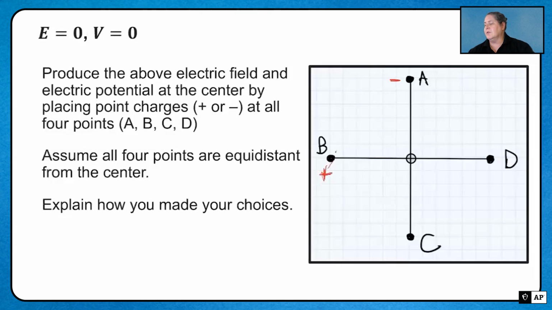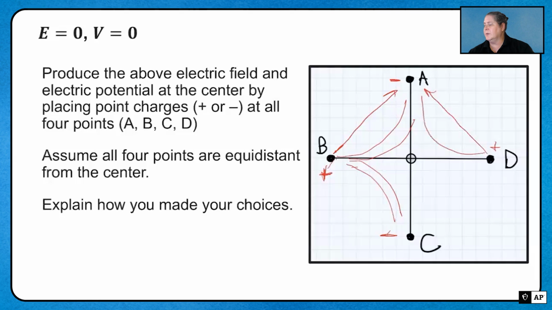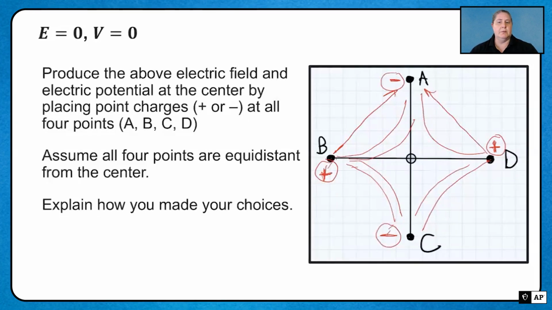Then electric field, remember, emanates from a positive and goes into a negative, and it would do all kinds of things here. And if I made this one negative, I can imagine it's going to do the same. And if this is negative and this is positive, again I'm thinking of these loopy field lines going from this positive to this negative. I'm doing the same. So actually here is a configuration where I could have an electric field be 0 at the center and my potential is 0 as well.